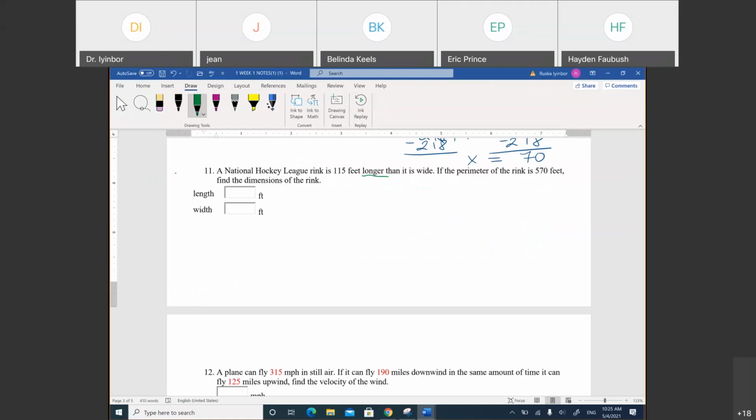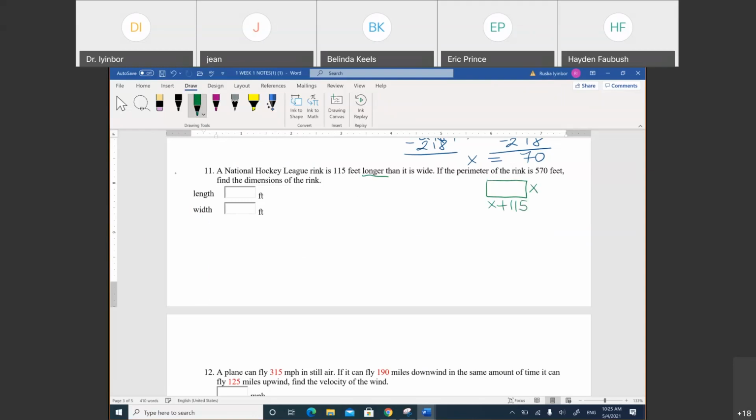If the perimeter is 570, we need to find the dimensions. So we have the length and the width. I'm just going to draw a little picture. So let's say the width is x, and the length is going to be x plus 115, right?